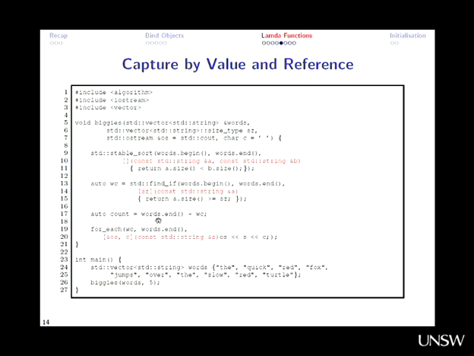What we're doing now is we're going into for_each. In the for_each loop, we're starting with this iterator WC, and for each element between this iterator point and the end, here's another lambda function.